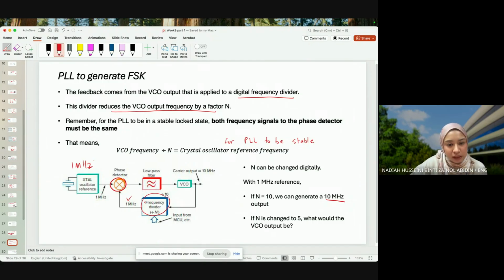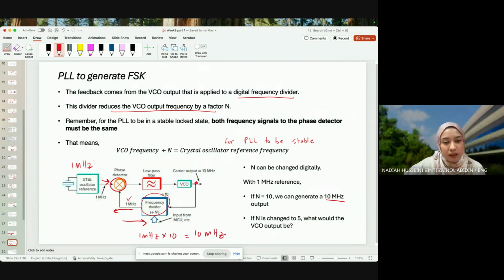Meaning whatever the output of the frequency divider is should be equal to the frequency of the oscillator. So if this is 1 megahertz, I need to make sure the output is 1 megahertz as well. So if this is 1 megahertz and my N is 10, going backwards, 1 megahertz times 10 will give me 10 megahertz.